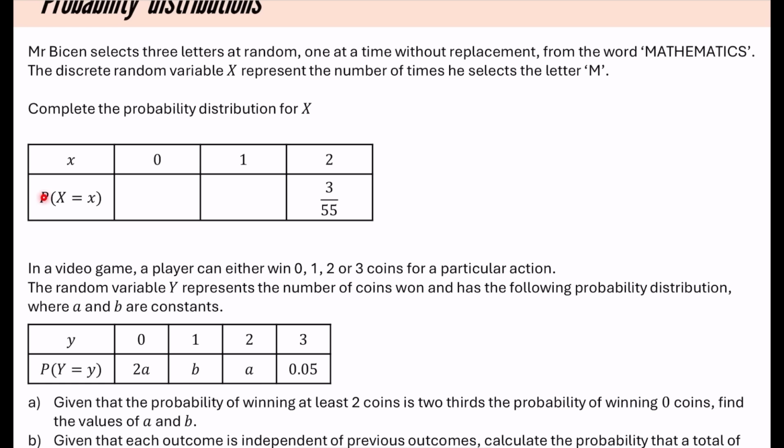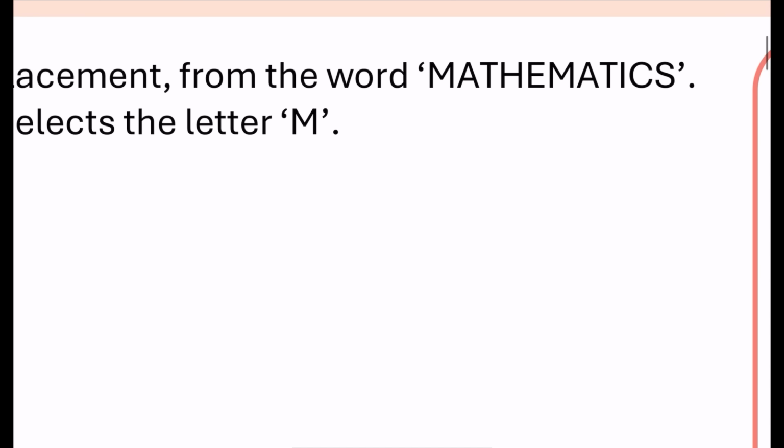So we're saying what is the probability that the outcome is equal to the lowercase value of x, which in this case is 0. So what this is really saying is the probability that the number of M's being picked is 0. So let's just quickly look at the word mathematics. We have got 1, 2, 3, 4, 5, 6, 7, 8, 9, 10, 11 letters, of which we have 2 M's.